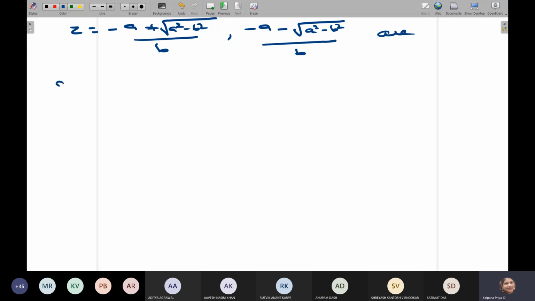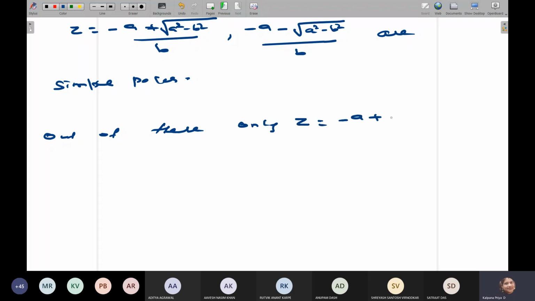You know why I'm calling them simple poles? Because the order of this pole is 1. So out of these poles, only z equal to minus a plus root of a squared minus b squared by b lies inside.